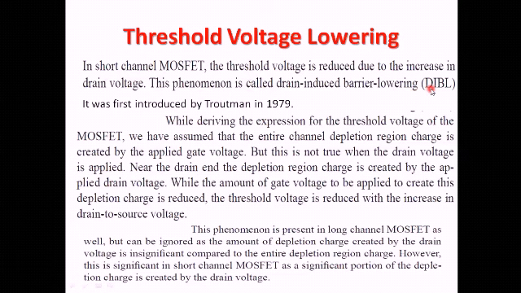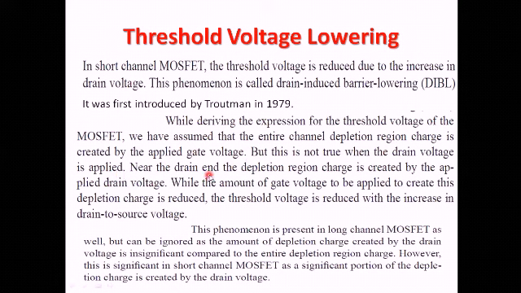This DIBL phenomenon was first introduced by Trotman in 1979. While deriving the expression for the threshold voltage of the MOSFET, we have assumed that the entire channel depletion region charge is created by the applied gate voltage. But this is not true when the drain voltage is applied.